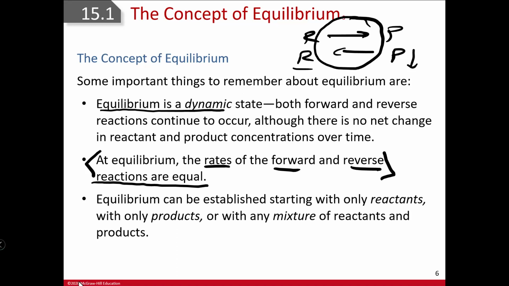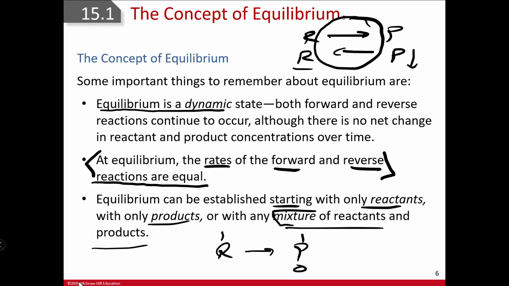Equilibrium can be established starting with only the reactants, starting with only the products, or a mixture of both. So everything we've done in chemistry up to this point is we've always started with reactants and we've had zero products to begin with. Well, we're going to see examples where you're going to have a certain concentration of reactant and a certain concentration of product. That means a mixture of both are present. Sometimes we're going to start with zero reactant, even though this is the reactant, and we're going to have some product initially.